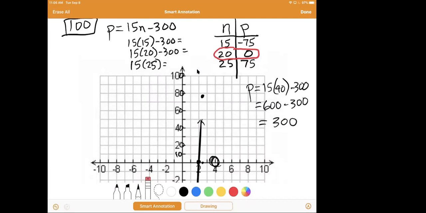So yes, there's that point on this line. Still had my eraser on. And it continues up like that. Well, that certainly explains why that point was so far off the graph. Thank you for catching that. So that third point would be (25, 75), which does appear on the graph. Yep, I got my numbers backwards.